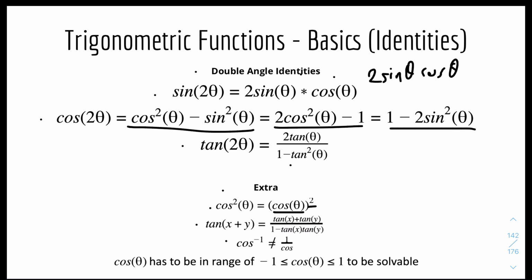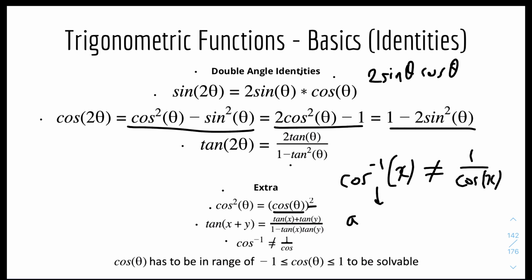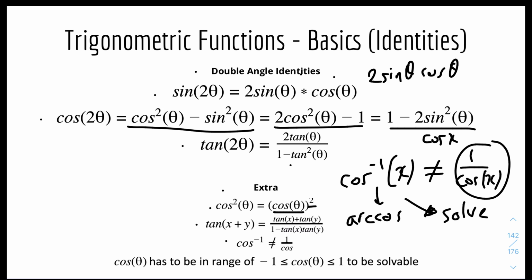So let's say cos inverse x, it's not the same as 1 over cos x, because this right here is equal to arc cos, and we will use this to solve equations. And to represent 1 over cos, you should do cos x, the whole thing, to the power of minus 1 to show that it's an inverse, the whole function inverse.